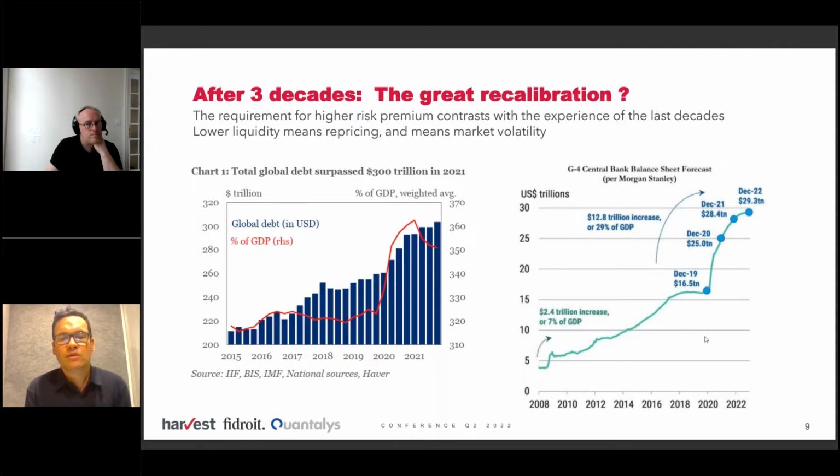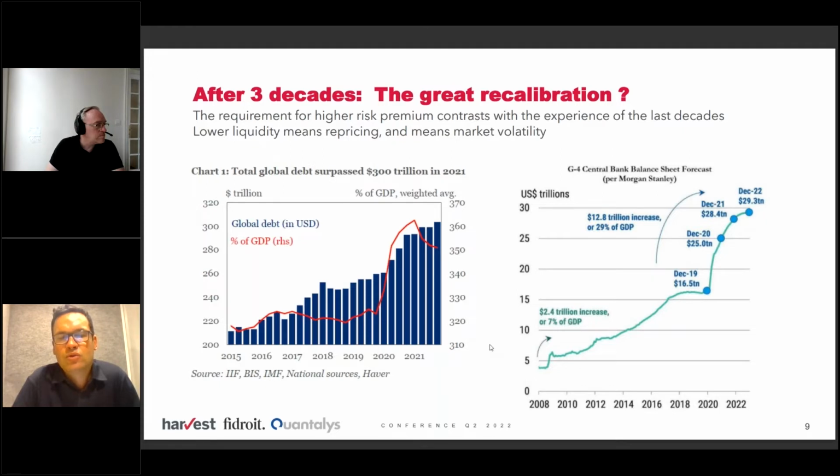And on the right, you have the balance sheet of the central banks. You have to keep in mind that the balance sheet doubled in the last two years: at the end of 2019 it was 15 trillion, and now we are close to 30 trillion.